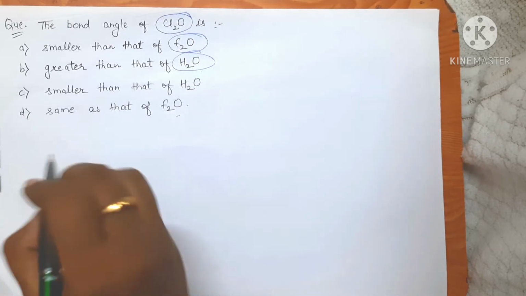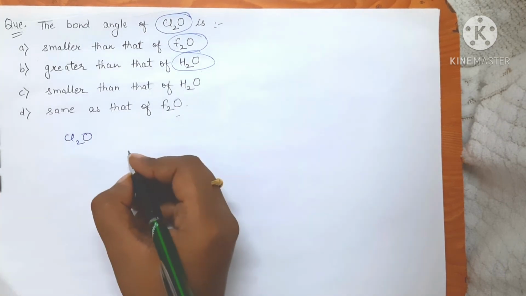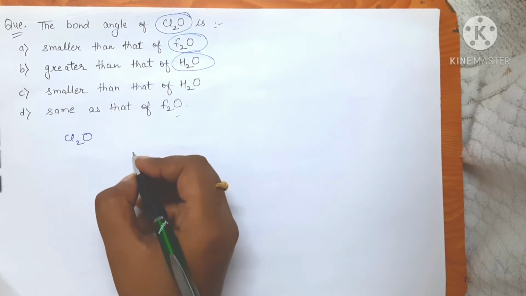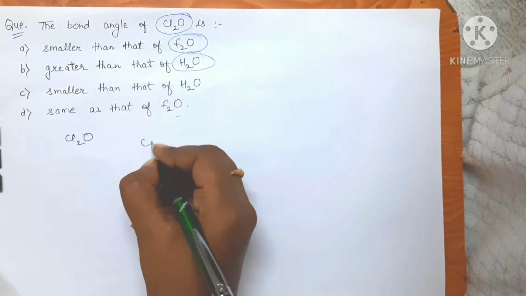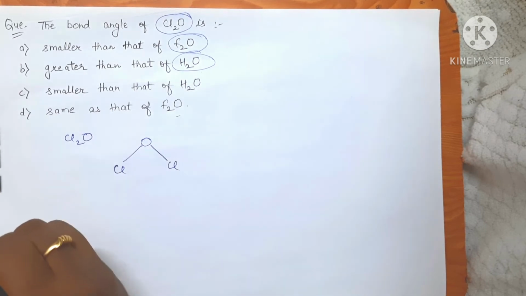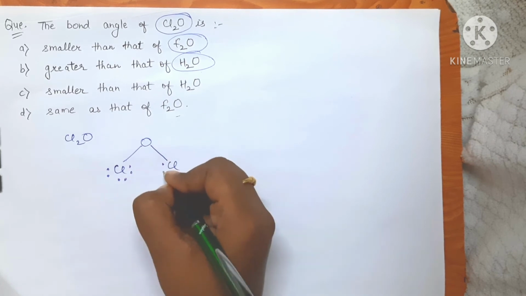Now we have discussed the Cl2O molecule very much while I was telling you about NBEPR in the chemical bonding part, right? So we have discussed this molecule OCl2 here, and here chlorine will be having 3 lone pairs present like this.